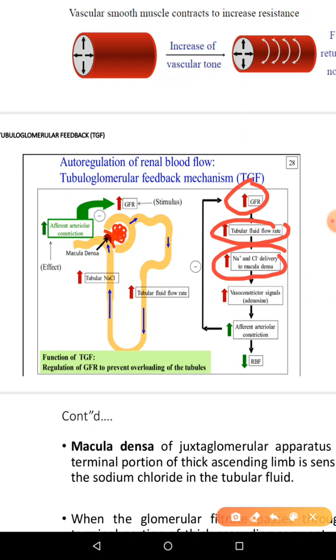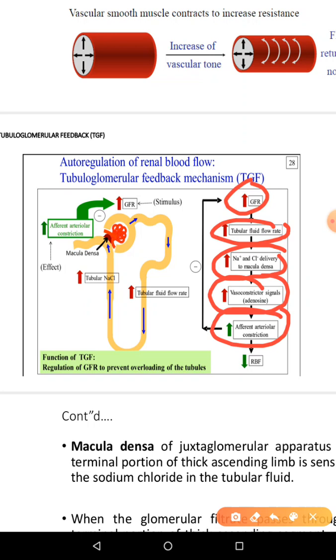So the macula densa will sense that, and it will release chemical substances such as adenosine. Adenosine has receptors on the afferent arterioles, and it causes the afferent arterioles to constrict.